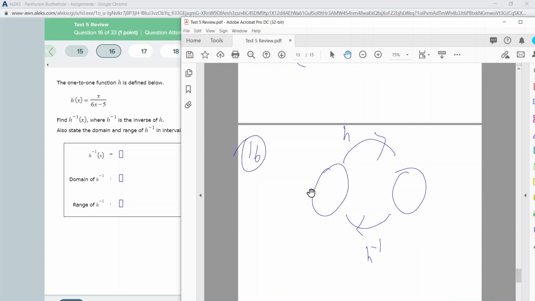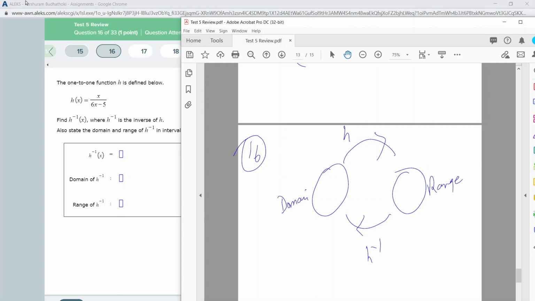For finding the domain and range, the domain of H is actually the range of H inverse. Okay, so the domain of H is the range of H inverse. So you don't need to find out the range of H inverse, and the range of H is the domain of H inverse.